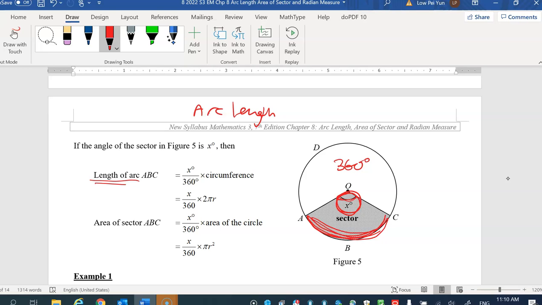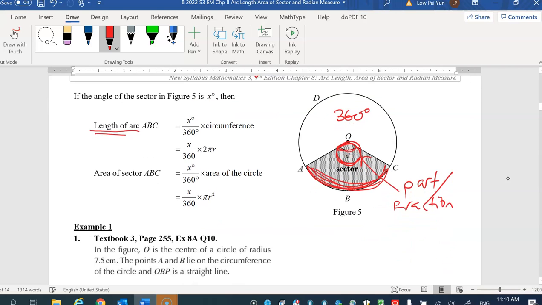So this is a part or a fraction of the circle. So we just have to look at the angle, which is the part of 360 degrees.